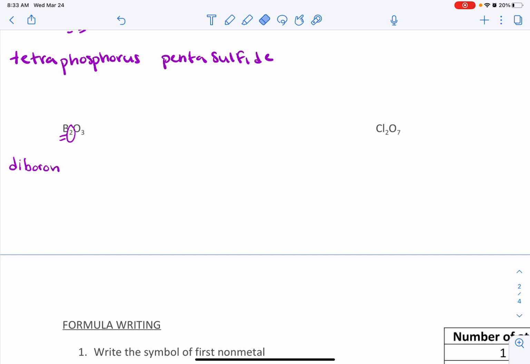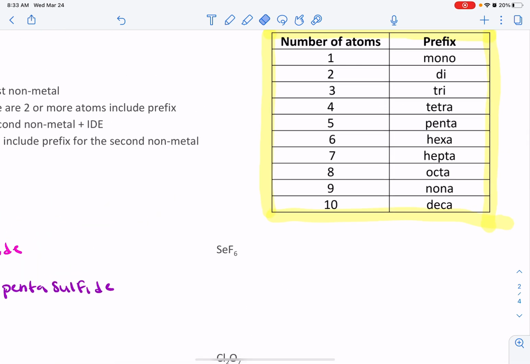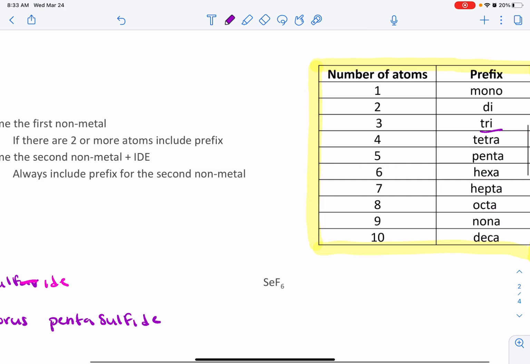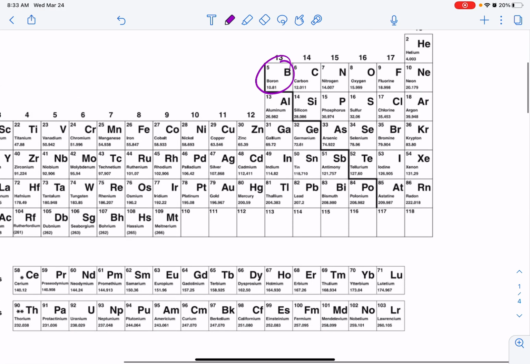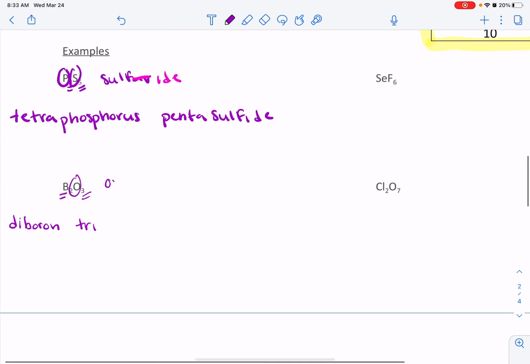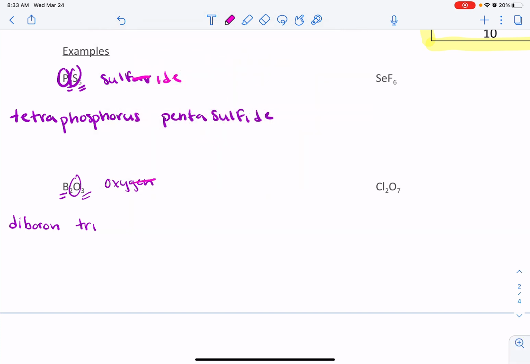Now I look at my second element. I see I have a 3. 3 is tri. Okay, so I'm going to write tri. And then I have O, which we see is oxygen. And so again, oxygen, just like we did for ionic, we change that ending to oxide.